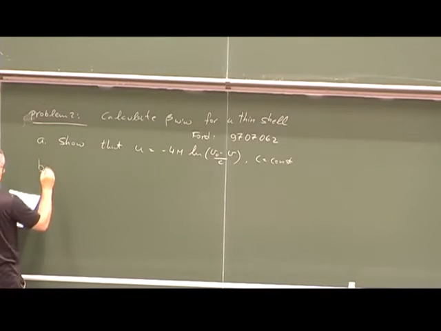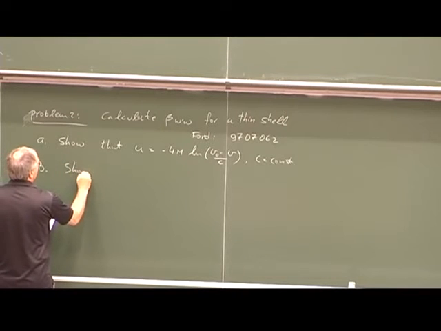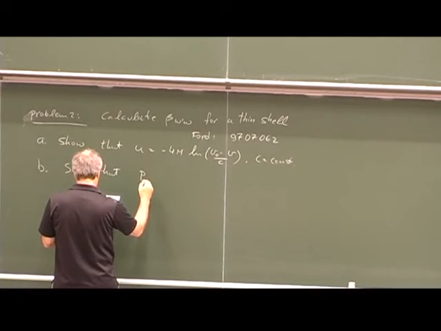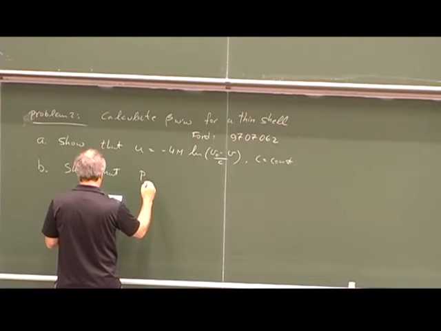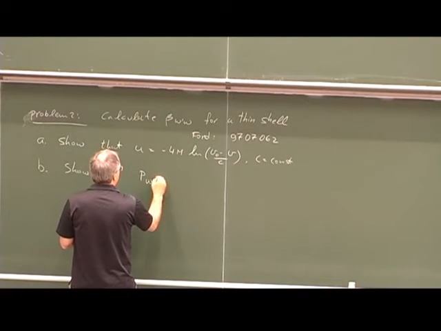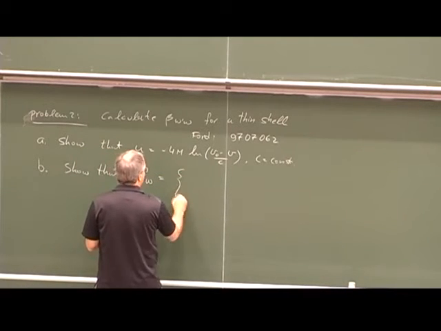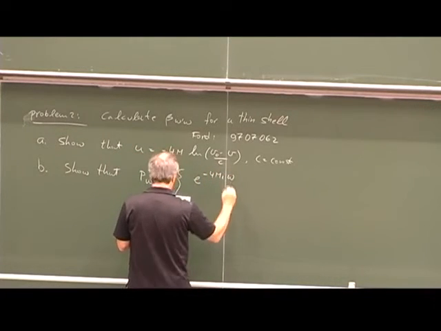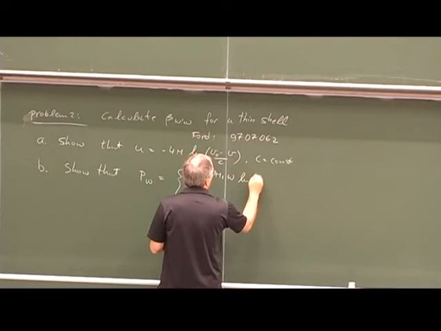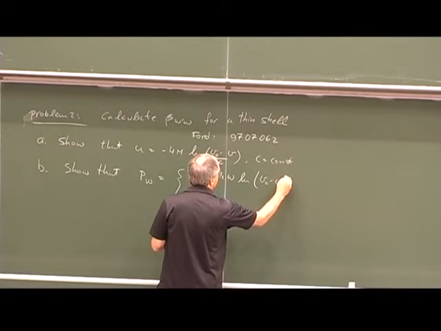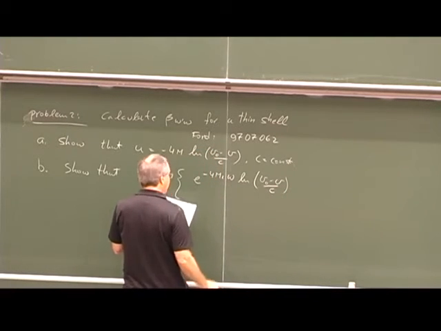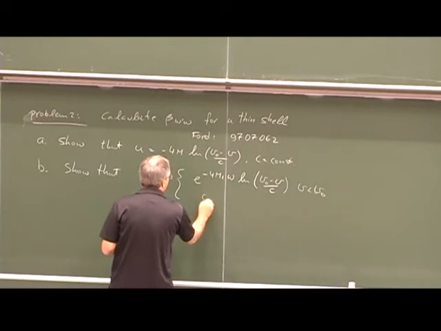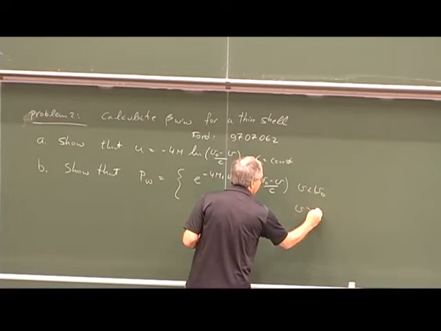Then we should show that P omega is e to the minus 4m i omega log of V0 minus V over C for V less than V0, and 0 for V larger than V0.